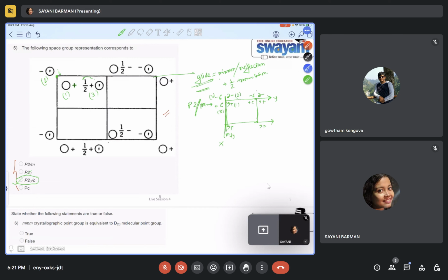Similarly, I'll draw the mirror planes here also. So here also, here also, you'll be getting those points. So now we can see there are four equivalent points for P2/m, right? I can write them as well. If this is x, y, z, then twofold parallel to y means x bar, y, z bar.